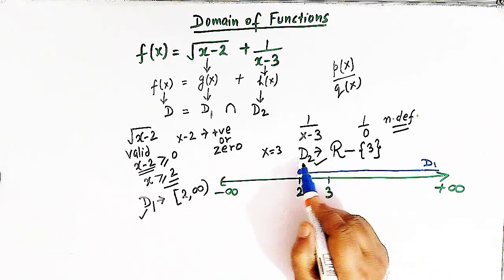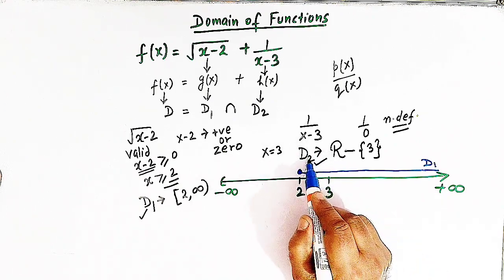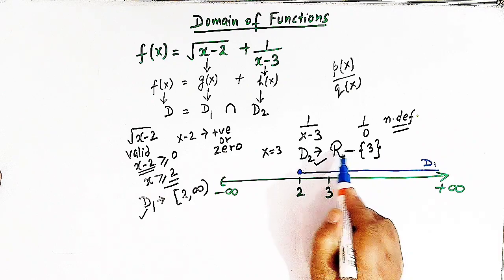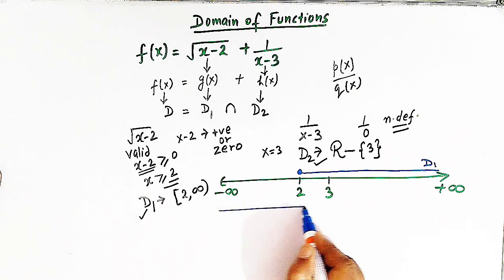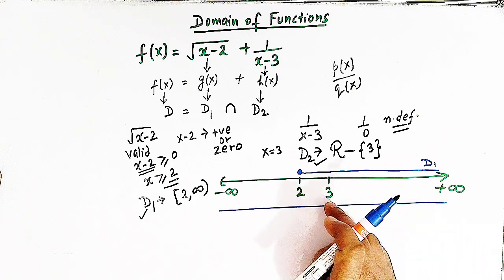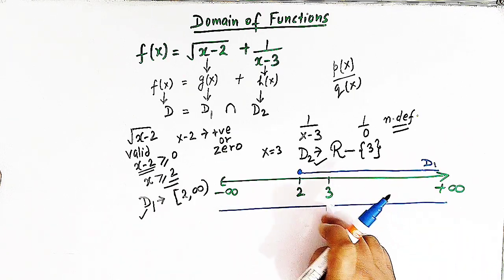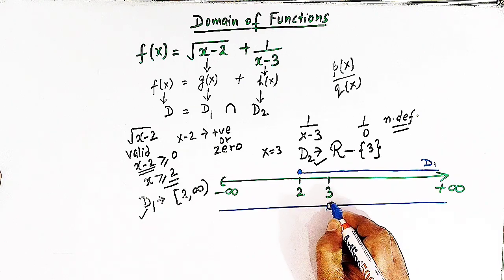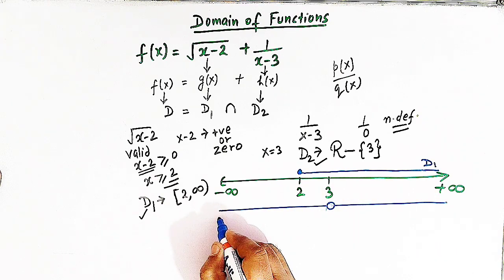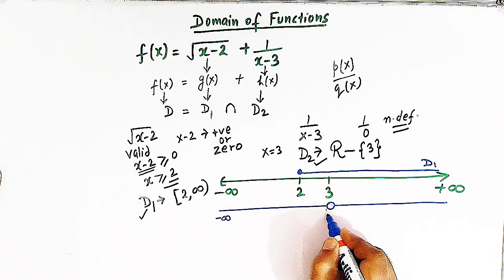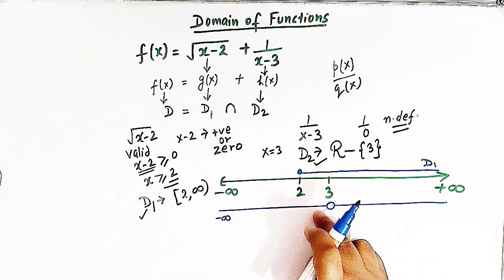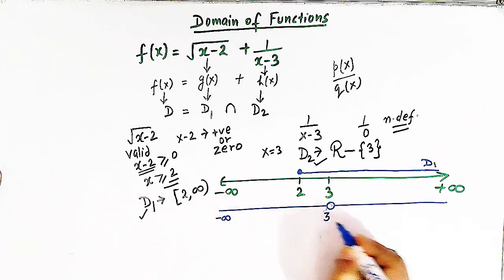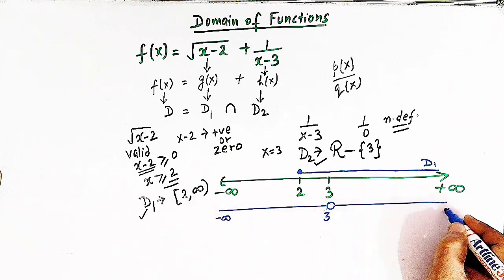Okay, now let us represent this domain D2. So D2 is R minus {3}. So here we have the entire real number line, except here we will not include 3, right? So first, sorry, here we'll go from minus infinity to 3, and then from 3 to infinity.